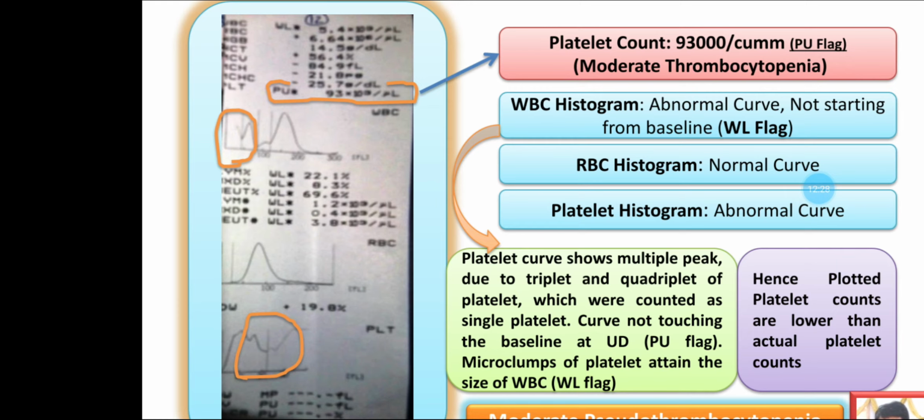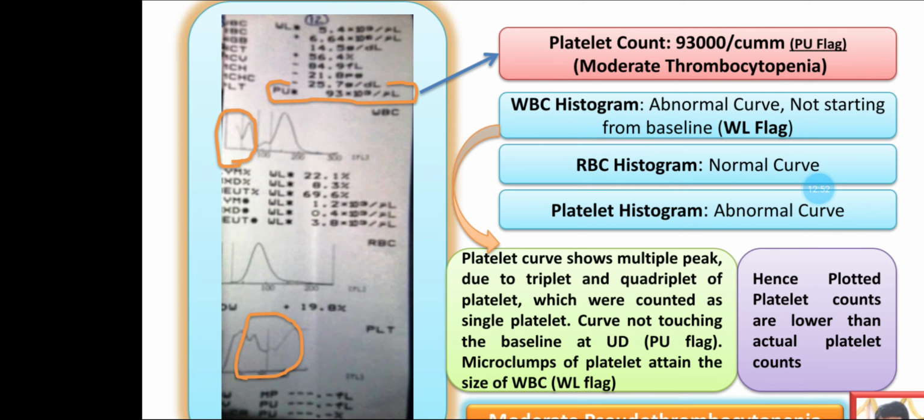The WL flag means the lower discriminator of WBC is abnormal. Something is abnormal at the lower discriminator of WBC, and this can be correlated with the platelet curve, because it is not ending at the baseline.